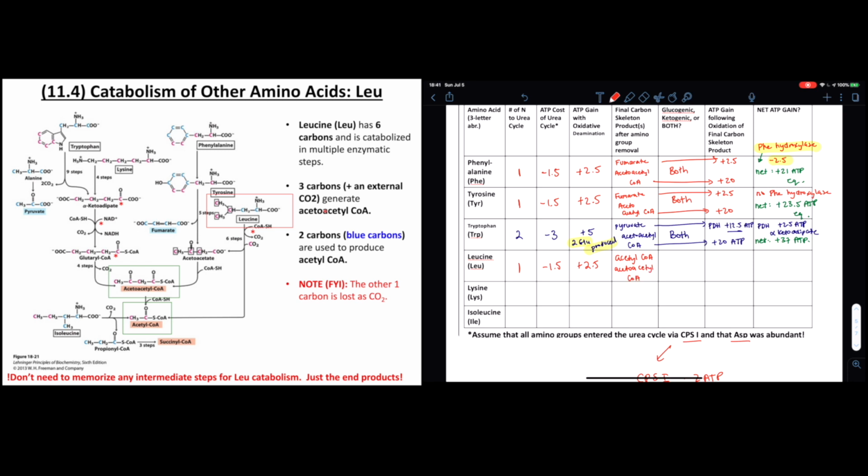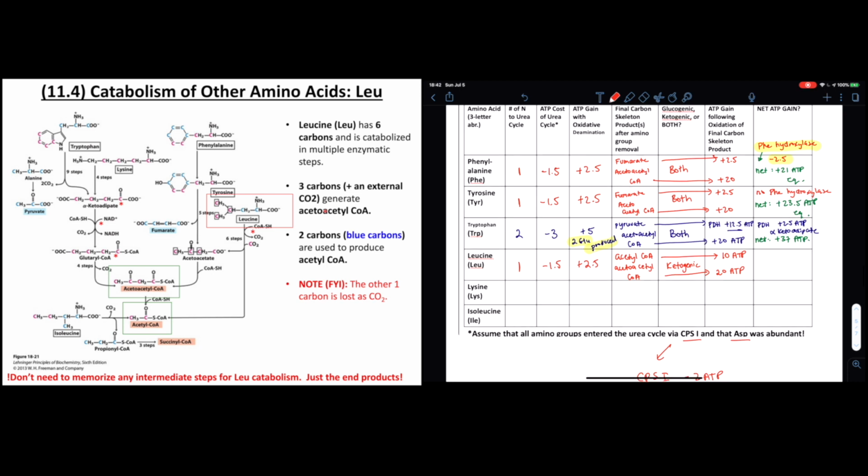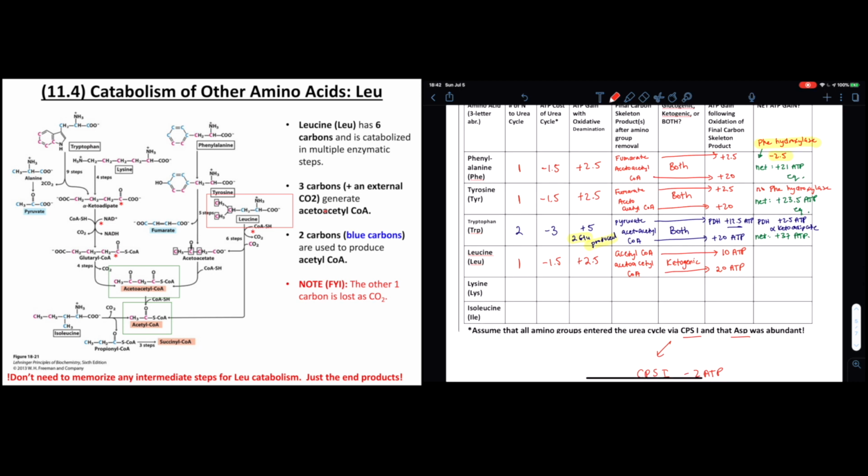And we call this ketogenic. Okay, so if it's acetyl-CoA, there we get 10 ATP being produced. And we also get 20 ATP from this acetoacetyl-CoA. So when we add this all up, we'll write this down in green. We're going to get plus 31 ATP equivalents.